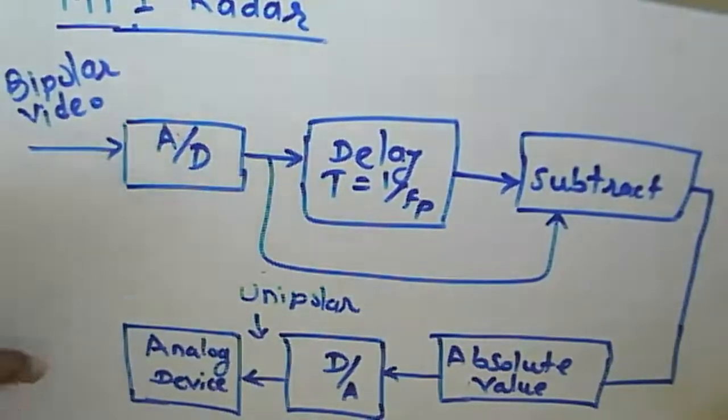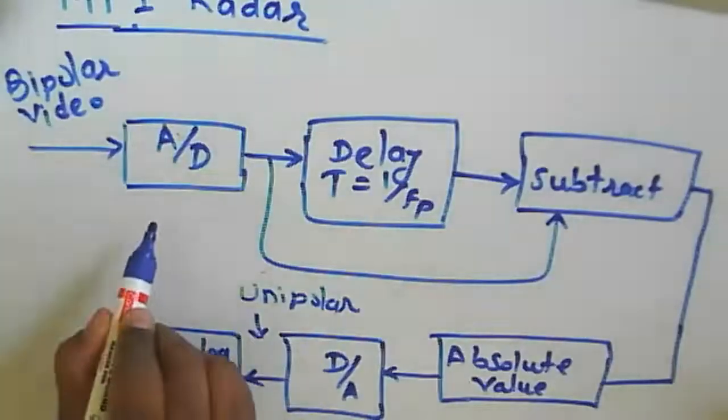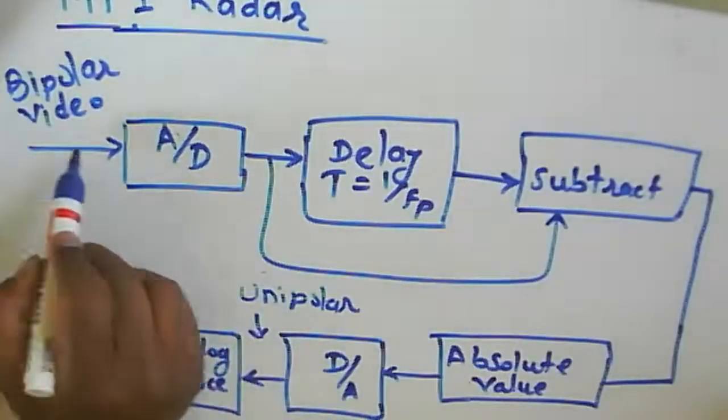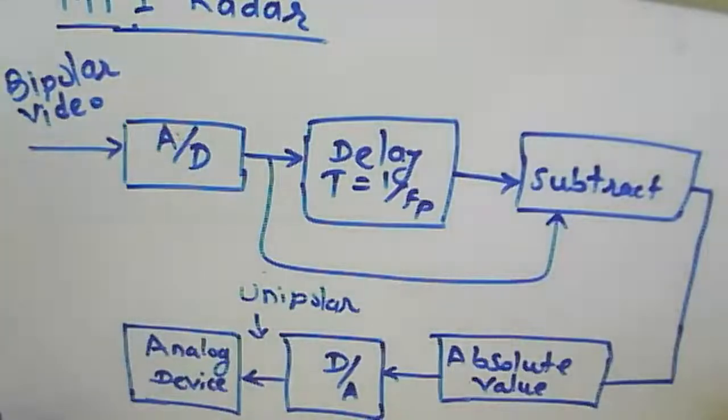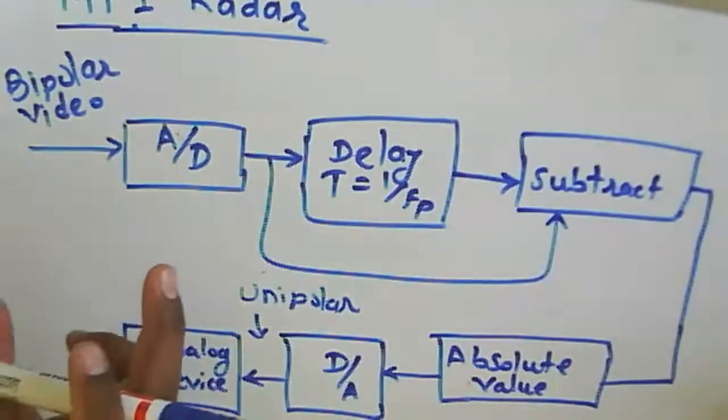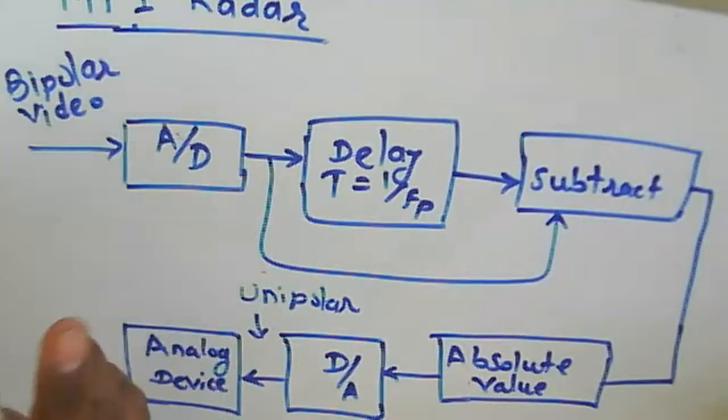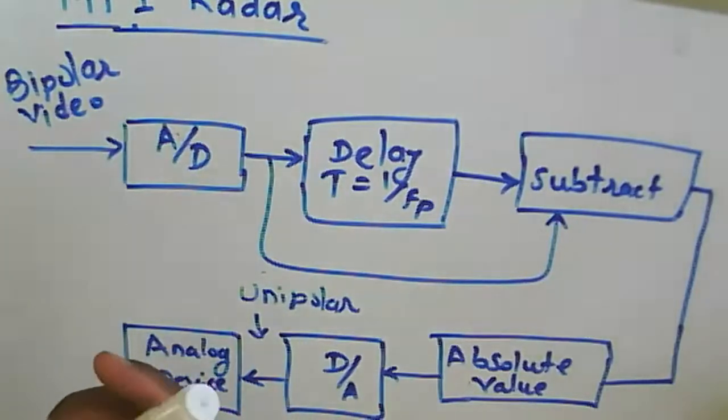So we consider here an analog to digital converter, because our video is a bipolar one. In that case, we need to display only the positive strip instead of the negative. Our aim is to identify where the positive strip occurs, and that is to be displayed. Subtraction of that particular echo from the given strips is to be accomplished using a delay line canceller.